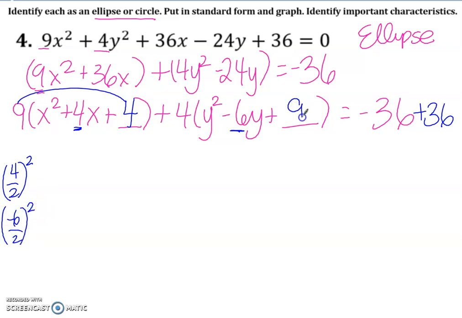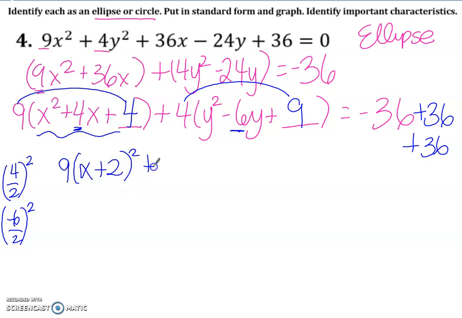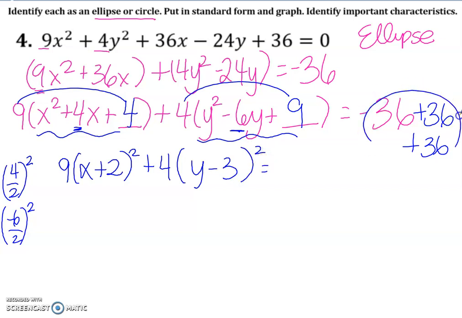Negative 3 squared is 9. I do the 9 times 4 again and get 36. Okay, let's start our factoring. If I factor that, that's x plus 2 squared. If I factor that, that's y minus 3 squared. When we add all those together, I get 36.